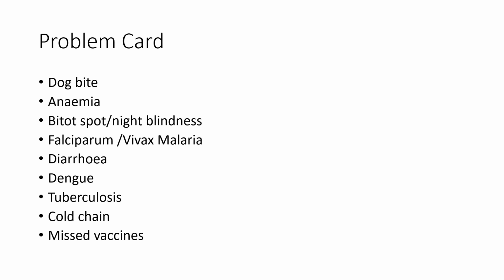Now coming to another one, that is a vitamin A deficiency problem card, which is usually given in the form of either Bitot spot or night blindness. In any of these, you first check the age of the beneficiary.